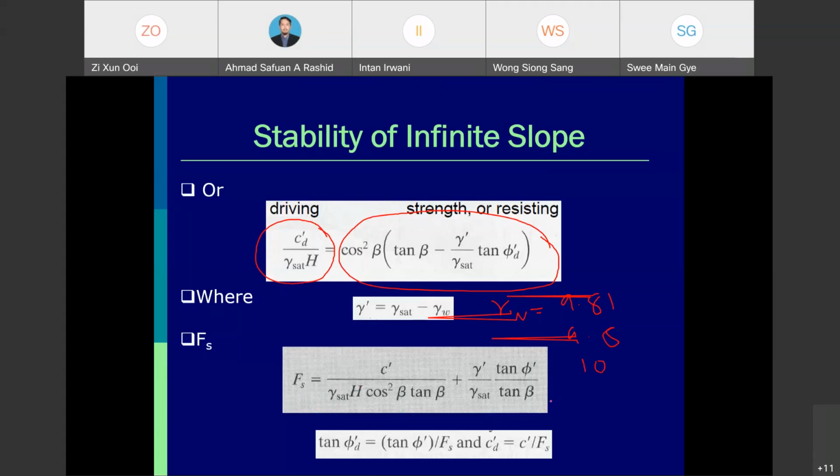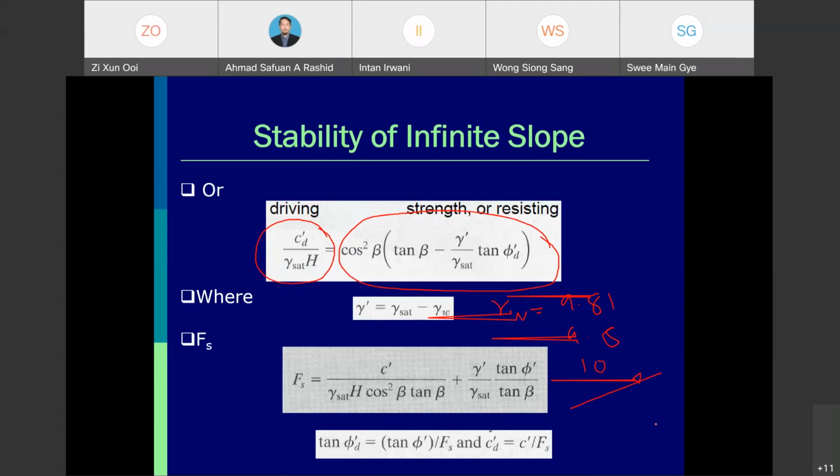For this case, this equation is only capable of being used if the seepage is on the surface of the slope. I will show you some examples later on. This is based on the derivation of the equation only, so it is very hard to understand unless we can see the example.